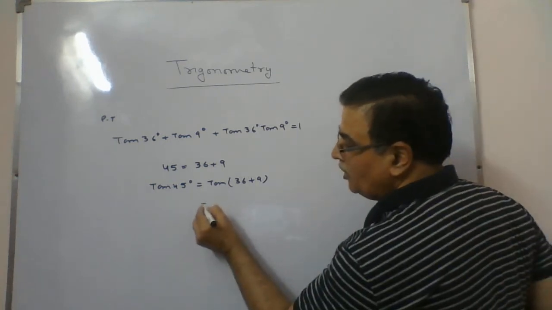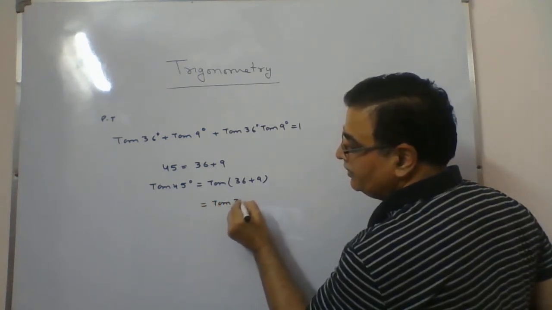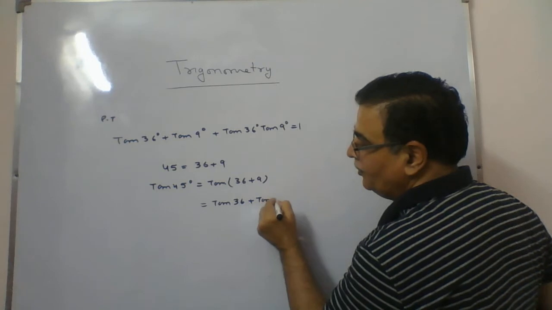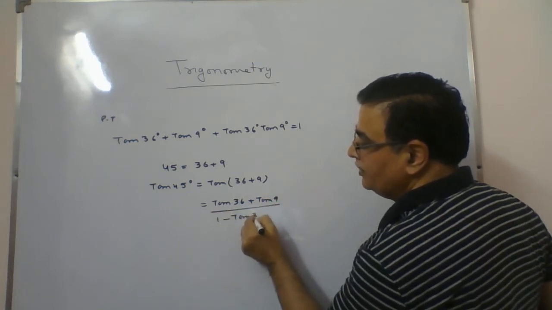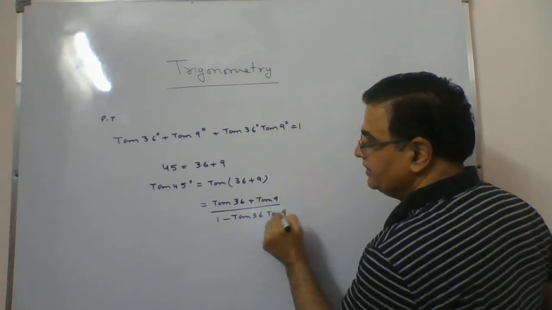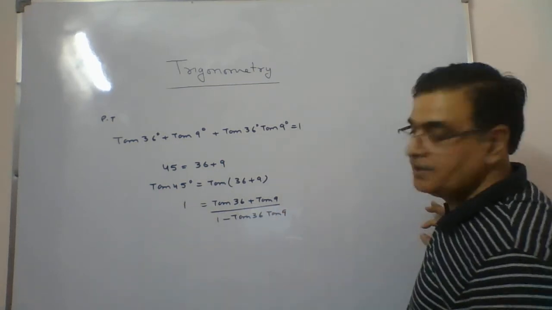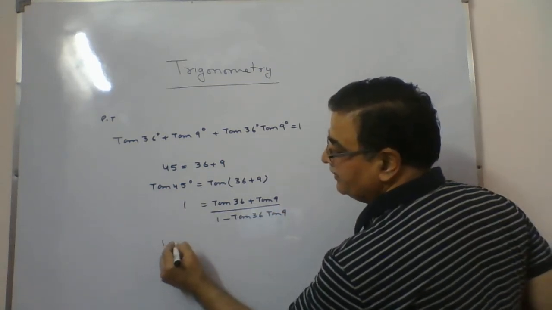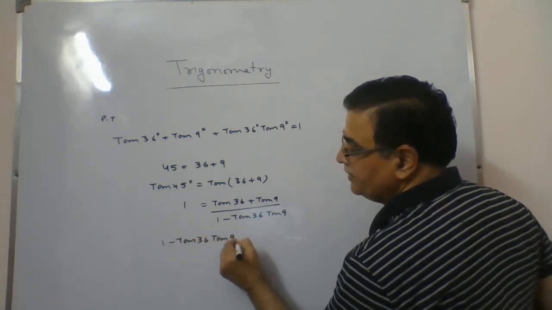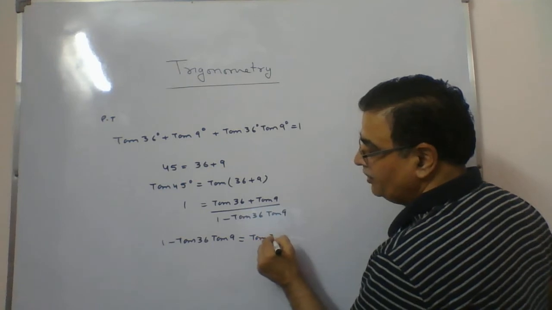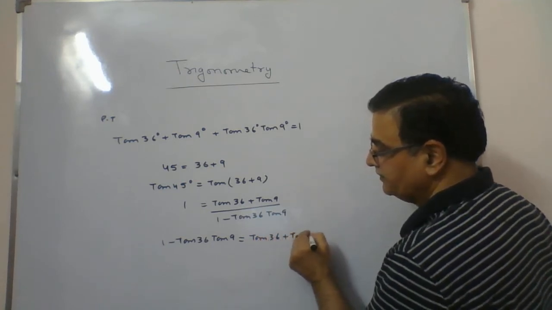And now when you solve it, it will come out to be tan 36 plus tan 9 by 1 minus tan 36 tan 9. And this is nothing but 1. This angle, I'll take that side. So 1 minus tan 36 tan 9 should be equal to tan 36 plus tan 9.